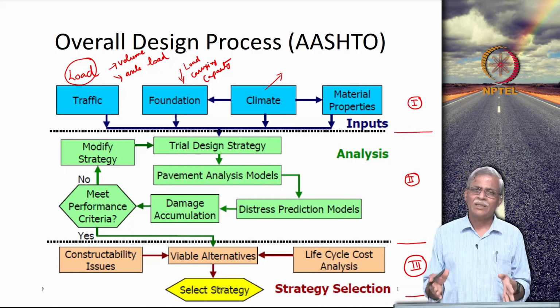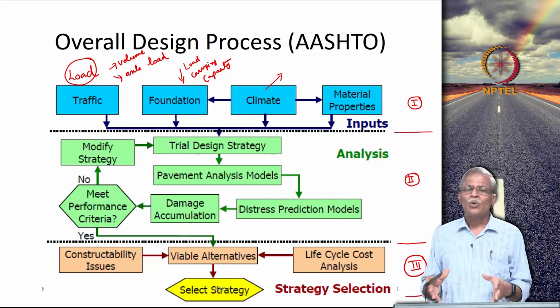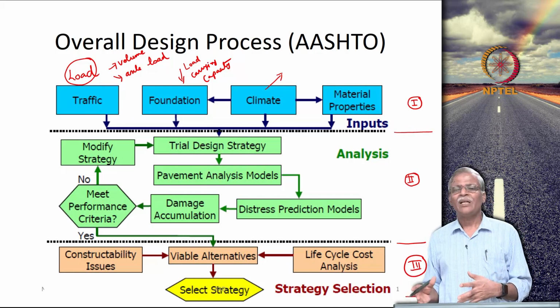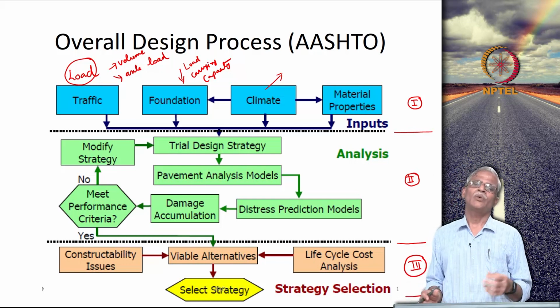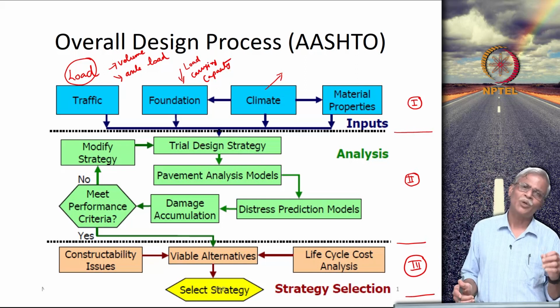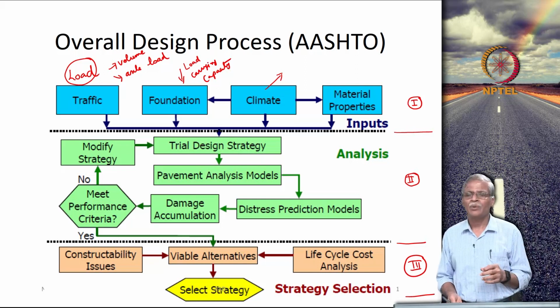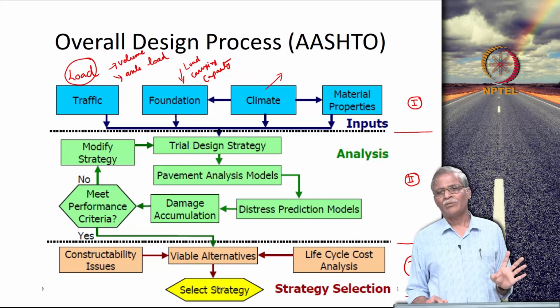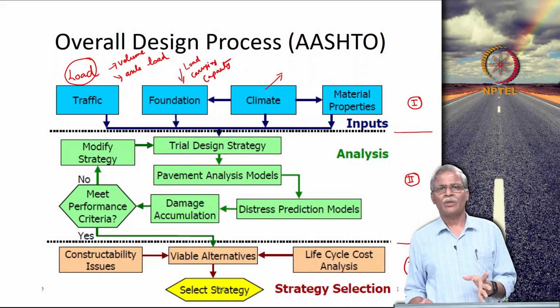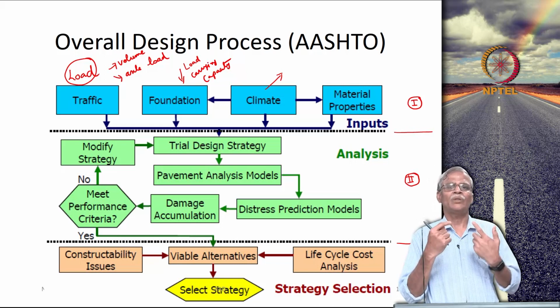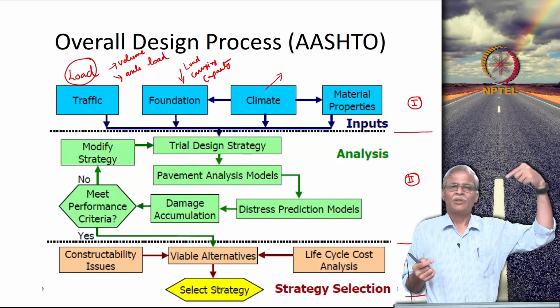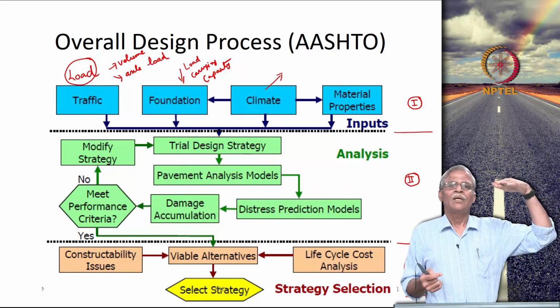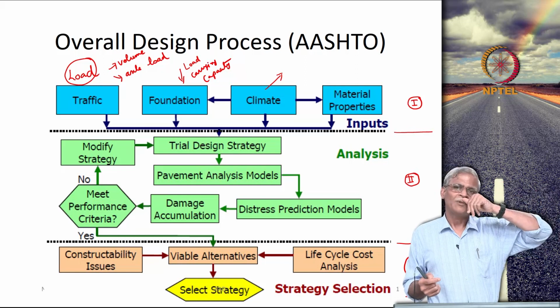Climate plays a critical role, more so within the context of India, because whatever cross section you use in the northern part of India may not necessarily work out in the southern, eastern or western part of India. It has something to do with the maximum pavement temperature, minimum pavement temperature, presence of the water table and so on.